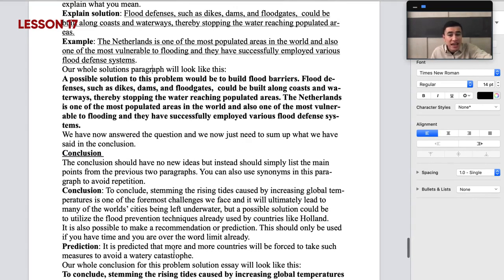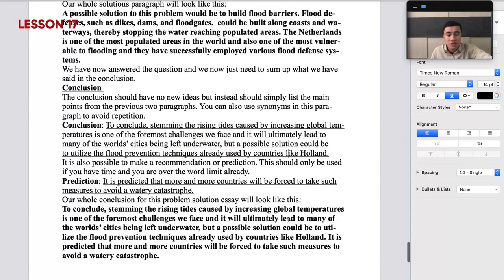So it is predicted that more and more countries will be forced to take such measures to avoid a watery catastrophe. Okay, so this is going to be a prediction. Now, this is the conclusion. So overall, it's going to look something like this.